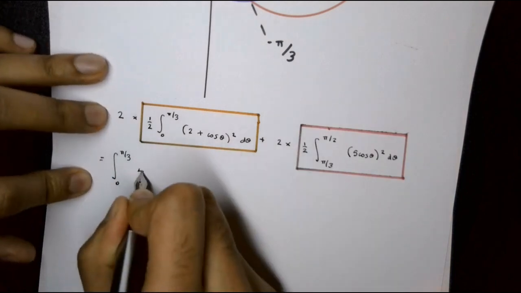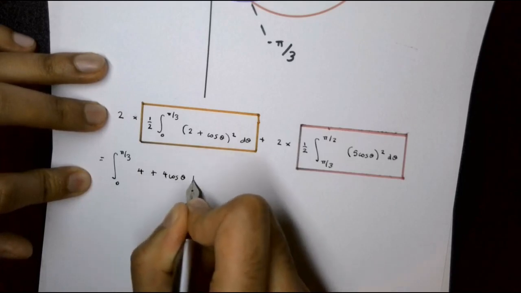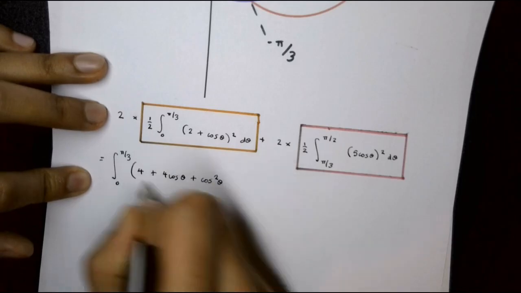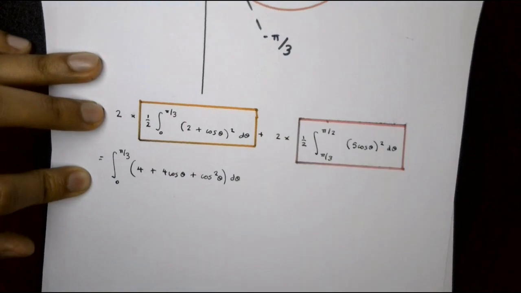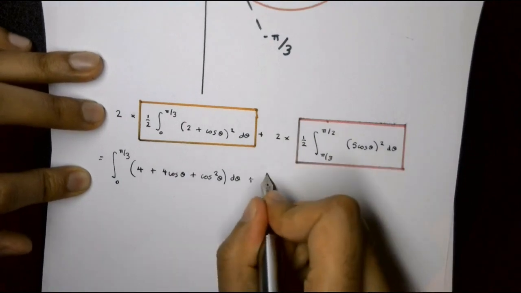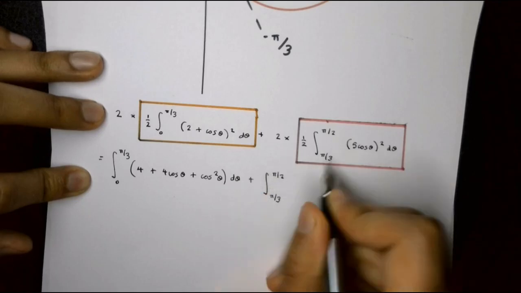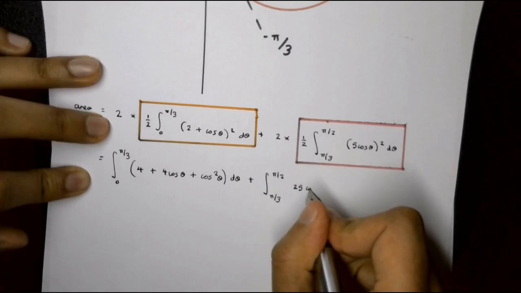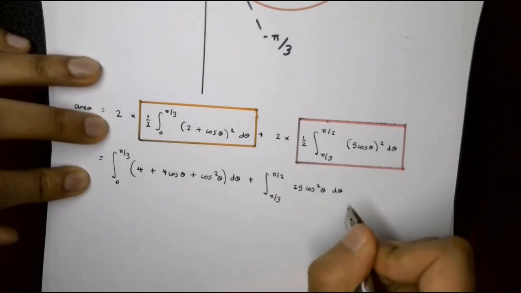Now if we expand this out, we get 4 plus 4 cos theta plus cos squared theta d theta. And here 2 times by 1/2, that's just 1. And then we add on the integral from pi over 3 to pi over 2 of 25 cos squared theta d theta.